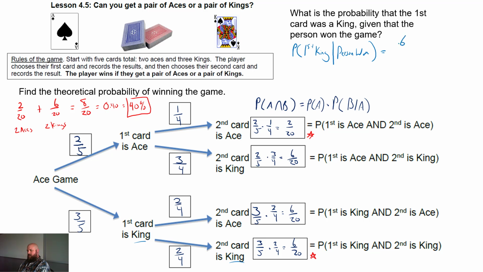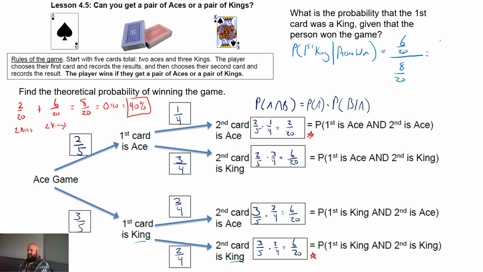So I have 6/20, divided by the probability of the given. Well, the given was that the person won. To win, we know that value, we just calculated it. The probability to win this game was 0.4 or 8/20, however you'd like to work it out. We'll just put the fraction, since we've got fractions going on, over 20.